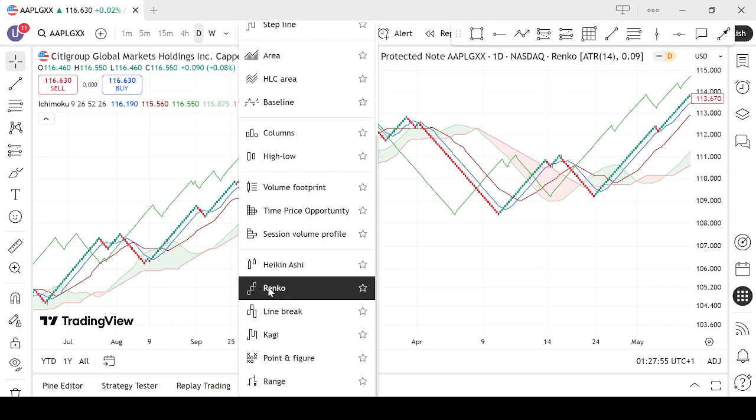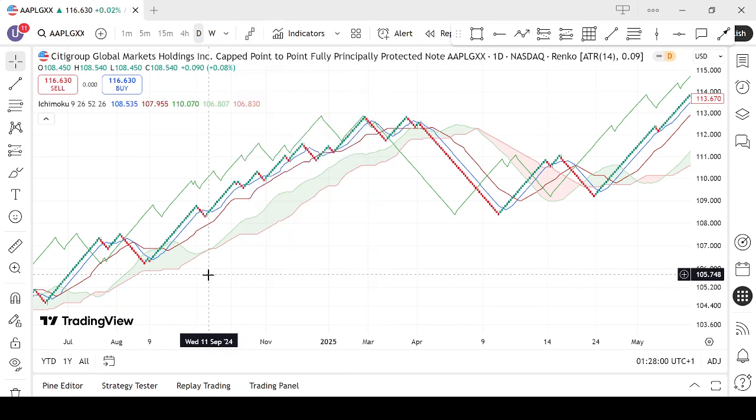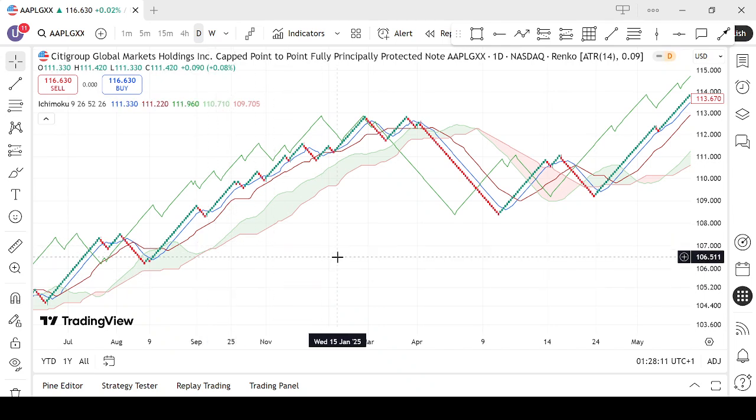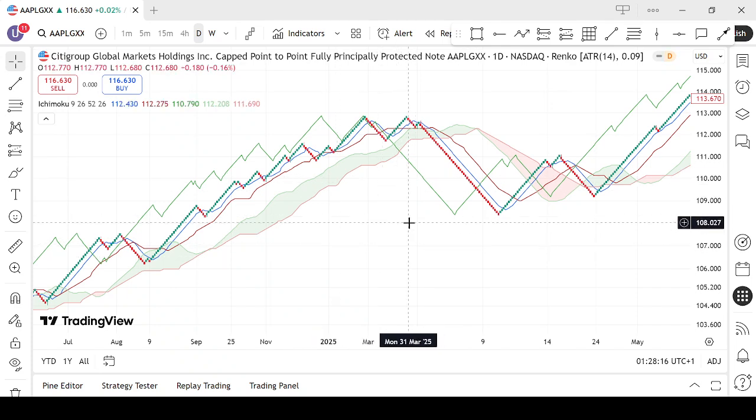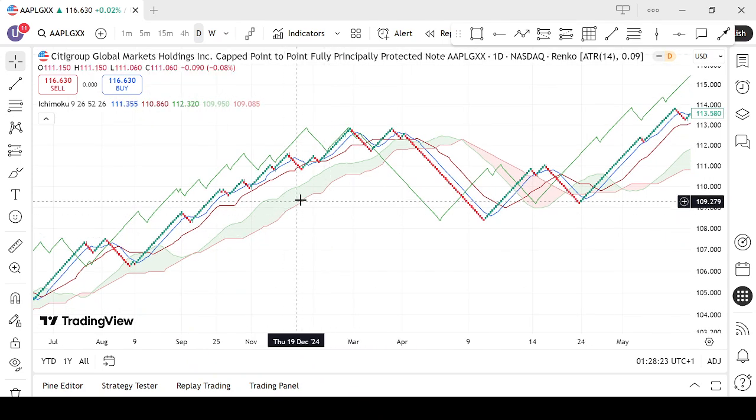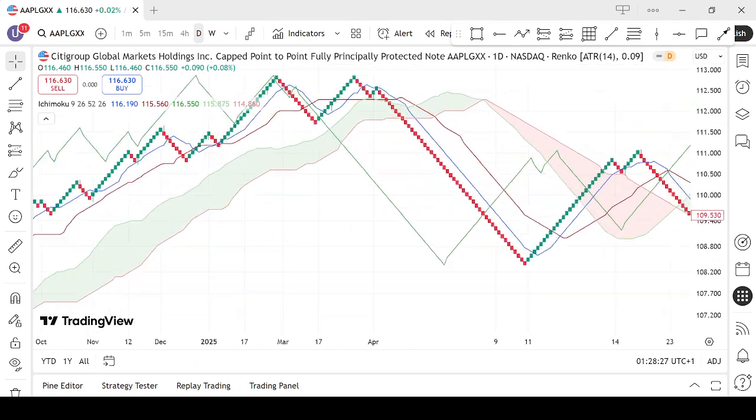Applying it is the first step in mastering your Ichimoku Renko fusion. This chart represents bricks of fixed sizes, typically 100 points, to represent price changes. When price moves up or down by the brick size, a new brick is formed, providing a clean and easy to read representation of price.